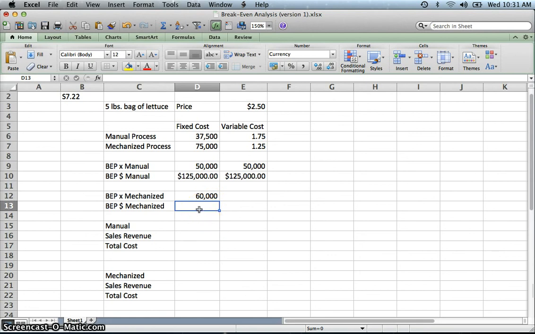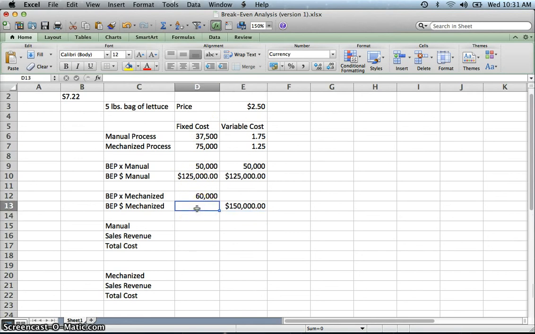Now we can do that formula for the break-even point in dollars, or like I said, we can make the conversion. Let's go ahead and do that and then see if we get the same answer for the formula. So I can simply go from this, the 60,000 times the price, and when I have $150,000, I will have sold 60,000 bags of lettuce.